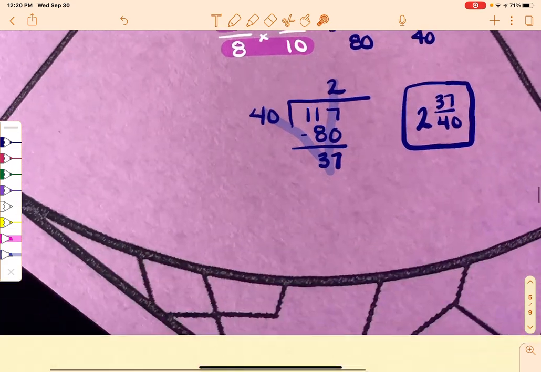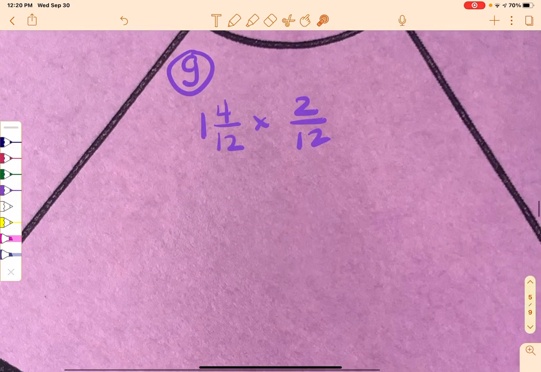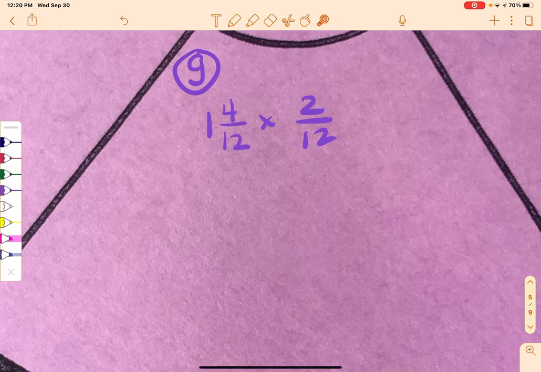Okay, let's go to G. So 1 and 4 over 12 times 2 over 12. So again, this first one is going to have to become an improper fraction. So 12 times 1 is 12, plus 4 is 16.